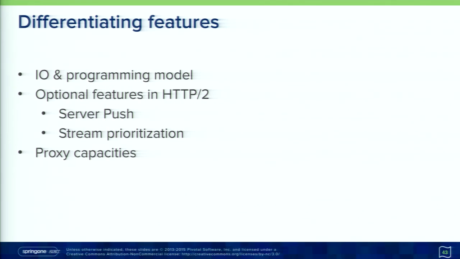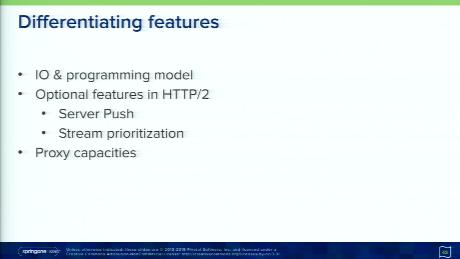But you should also look at the optional features of HTTP2, the new features, server push and stream prioritization. We'll talk about this. Is it supported? You don't know, because you have to check, because those are optional in the HTTP2 RFC. The server and client implementations don't have to support it. So that's one way to choose from one implementation to another.